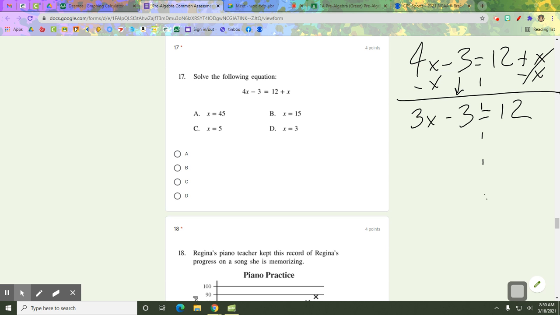Or if you're really lost, you can always guess and check. Try to get an answer from A, B, C, or D and see if you can get both sides to equal each other.